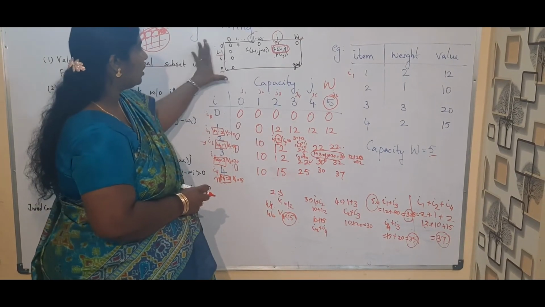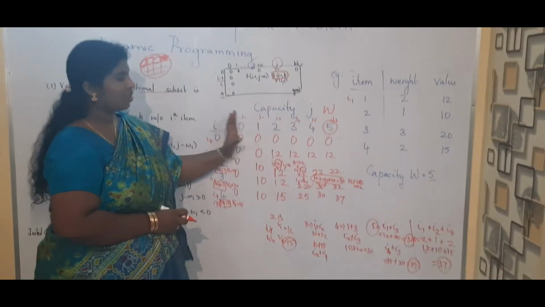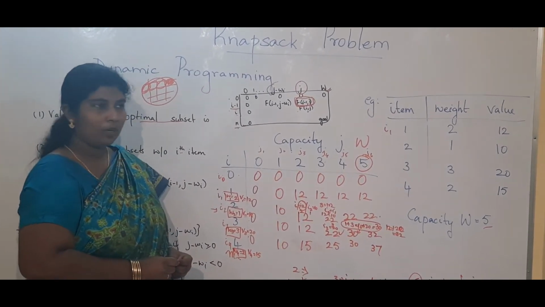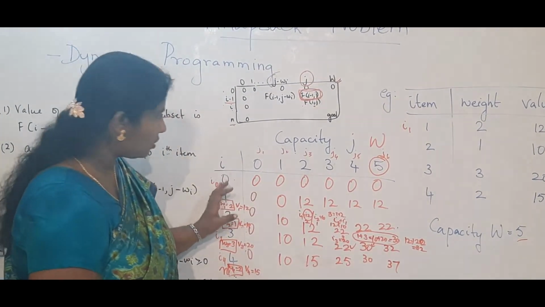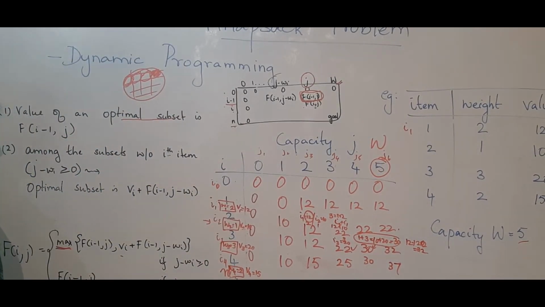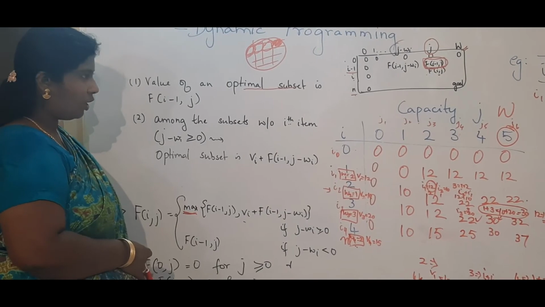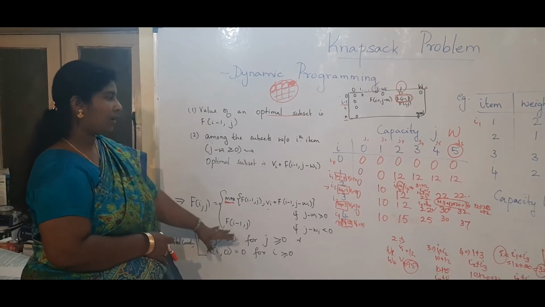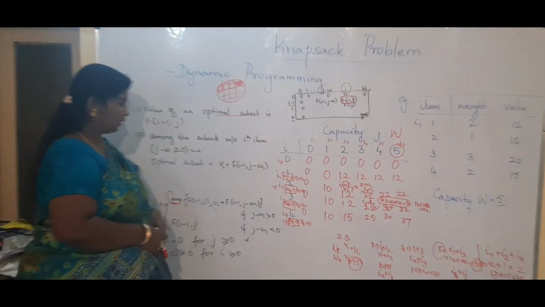knapsack problem table, where for each instance I keep my best solution, that is the optimal solution. Hope you have understood how we calculated. We had two initial conditions here: if it is 0, j, it is going to be 0, and i, 0 is going to be 0.